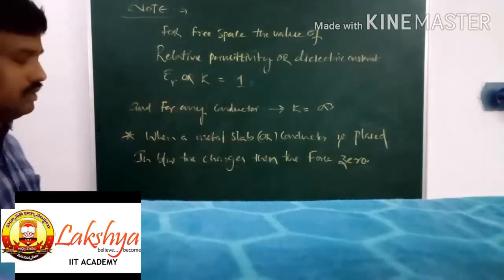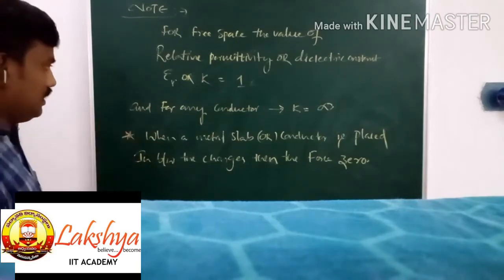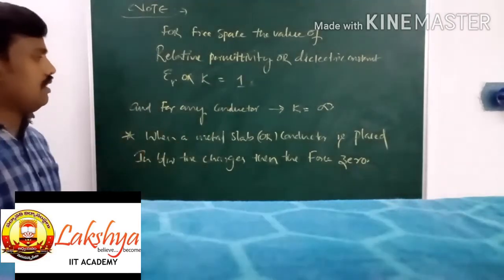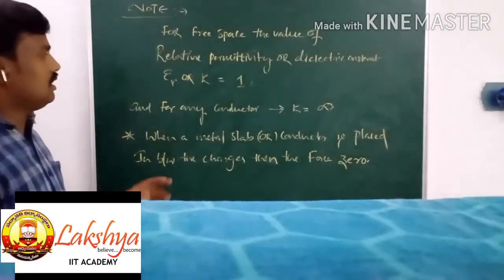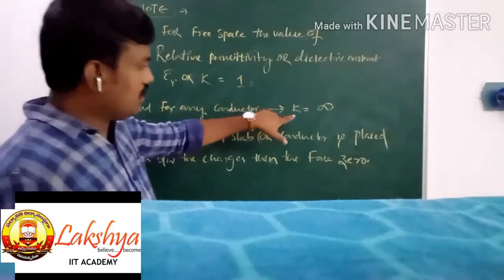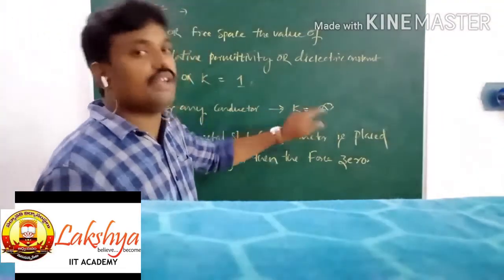Now the second case is if any conductor is placed in between the two charges. Then the K value, the relative permittivity, in that particular case will be equal to infinity.